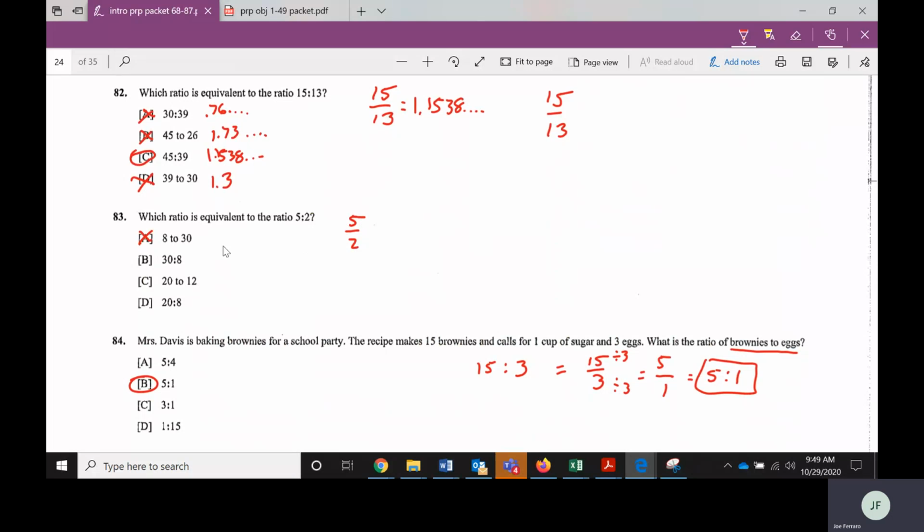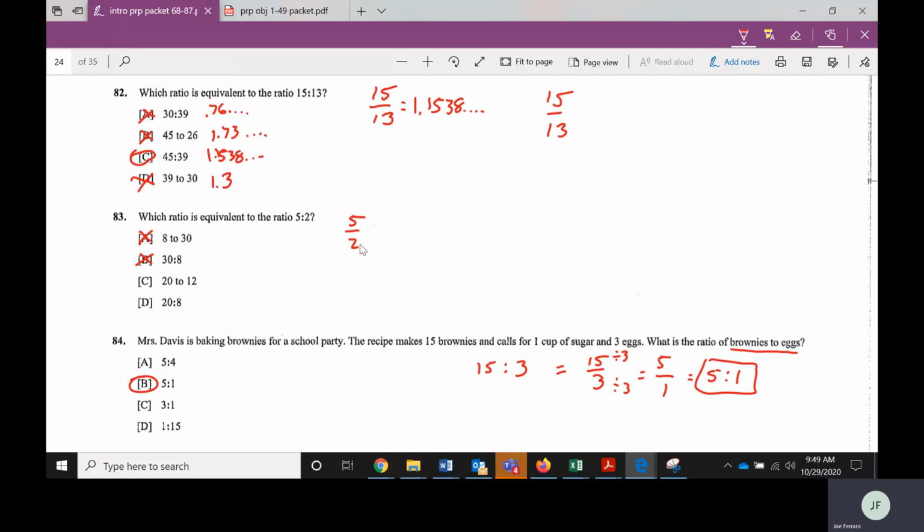Okay, this one, 5 to 30, I would multiply by 6 to get 30. So if I take the bottom by 6, 2 times 6 is 12, not 8, so that's out. To get to 20, I'd have to take 5 times 4 to get to 20.